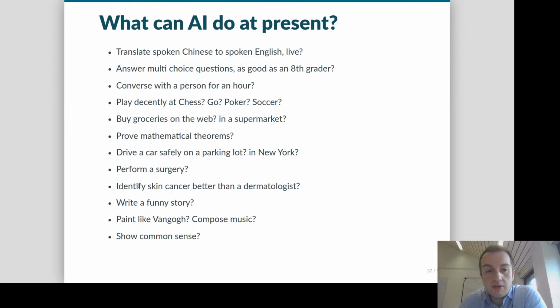Do you think it can answer as well as a small kid? So I see one yes, one no, and several yes. So it's mostly yes, but there are a few no's.